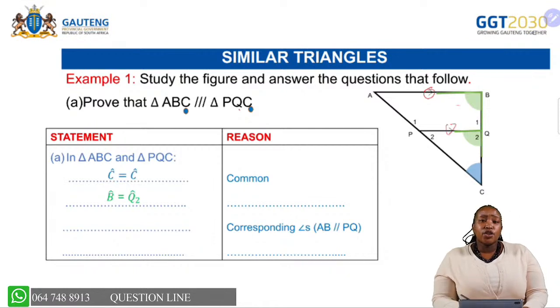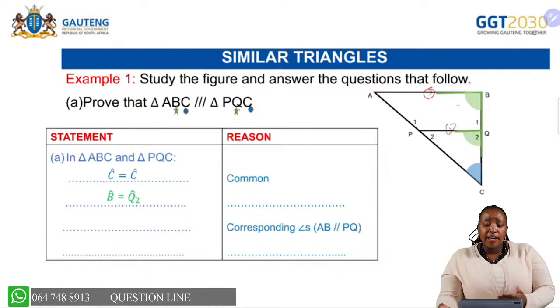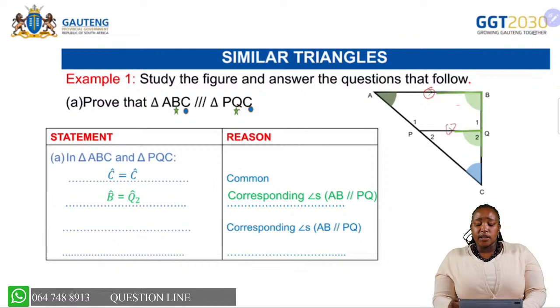What type of relationship gives you an F shape? Those would be your corresponding angles, right? Just to be sure, we go and check on our notation. Does B and Q actually have a relationship? Yes, B and Q do have a relationship. So this statement will definitely be correct. Corresponding angles, and you state your lines that AB is parallel to PQ.